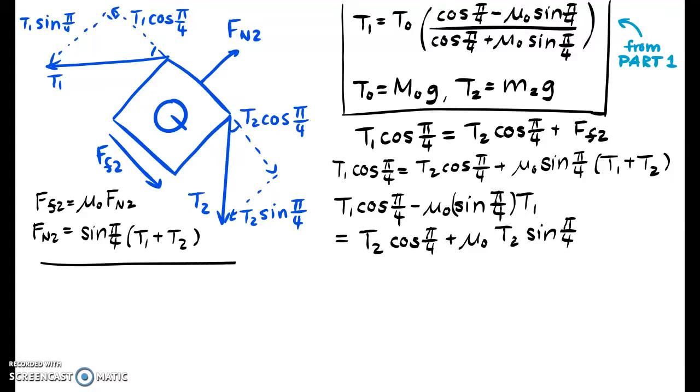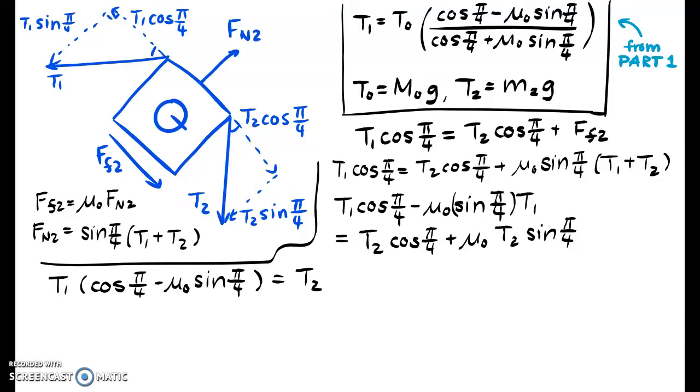Now we want to solve for T2, so we factor out the T1s and T2s. T1 is factored out, times cosine minus mu0 times sine. This is equal to T2, which is also factored out, times cosine, but this time it's plus mu0 times sine.